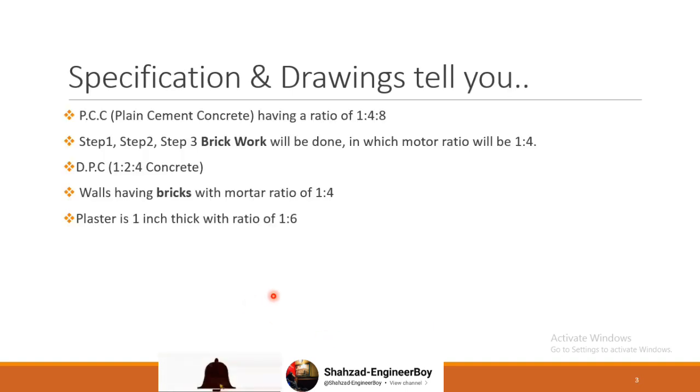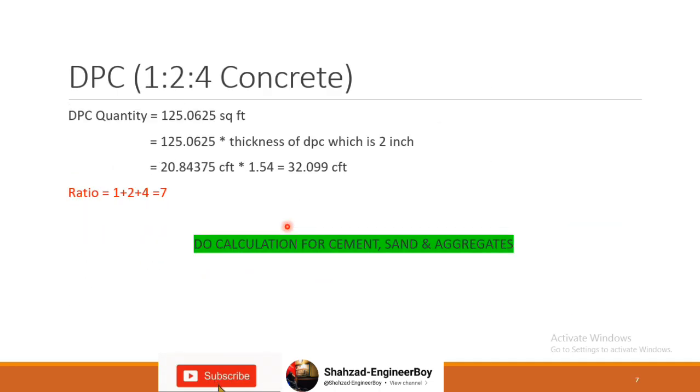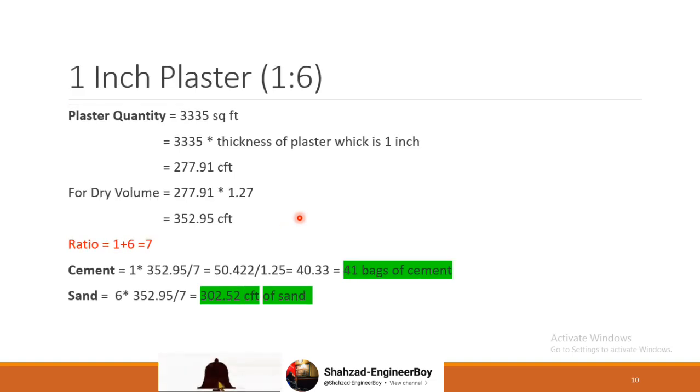As given in the specification drawings, the plaster is 1 inch thick with a ratio of 1:6. So first convert it into cubic feet, that is 3335 multiplied by the thickness, which is 1 inch. First convert 1 inch into feet, and you get the quantity of 277 cubic feet.